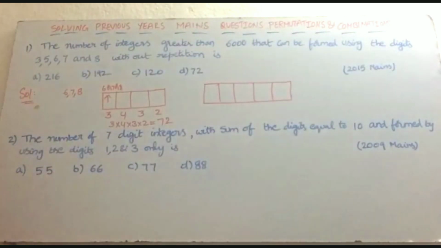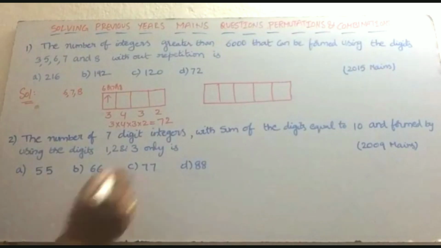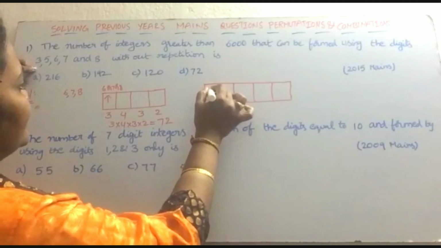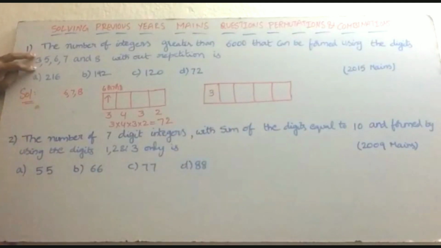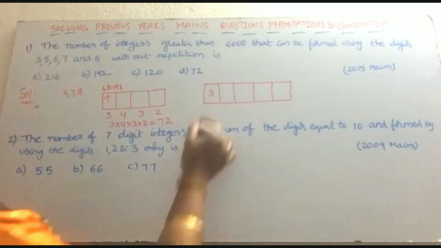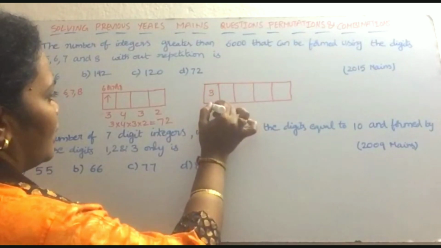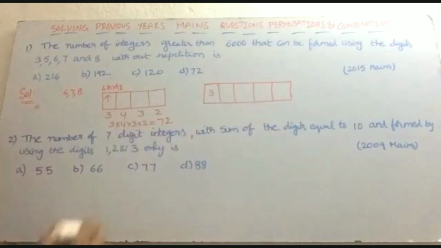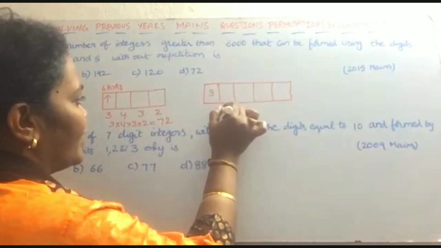For the 5-digit number, we can arrange the digits in 5 factorial ways.